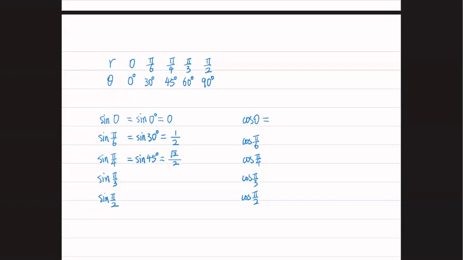Okay. Aaron, pi over 3. That's sine 60, which is root 3 over 2? Was that right?